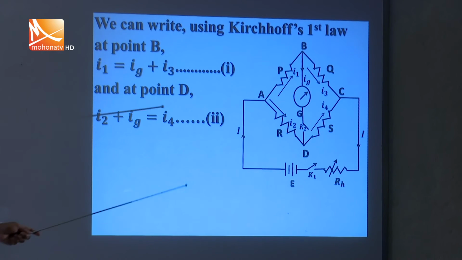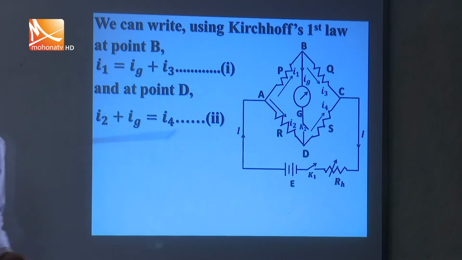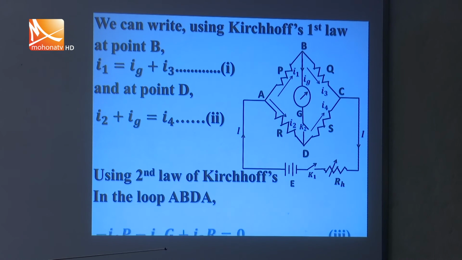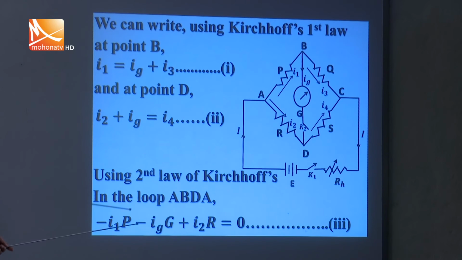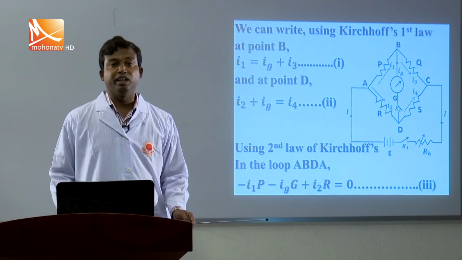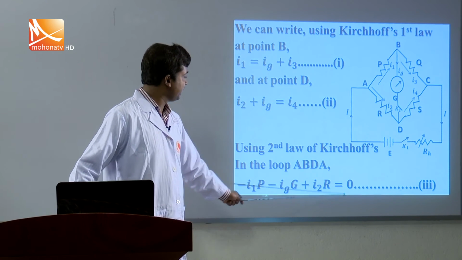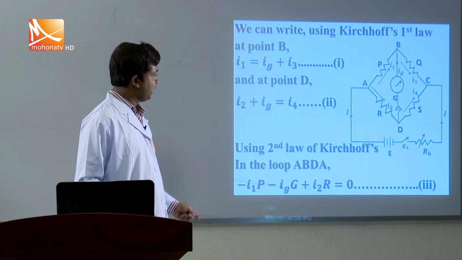Now, we consider the loop, that is Kirchhoff's second law, A, B, D, A. This is a closed loop. In this case, my dear student, I use the clockwise rule. Before, I used the normal method, but in this case I use the clockwise rule.